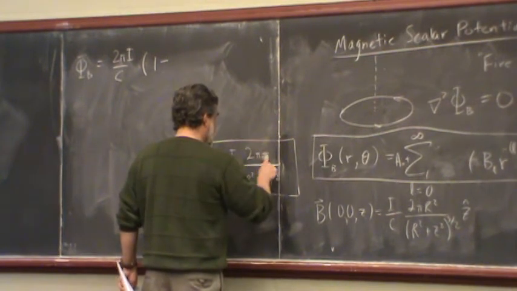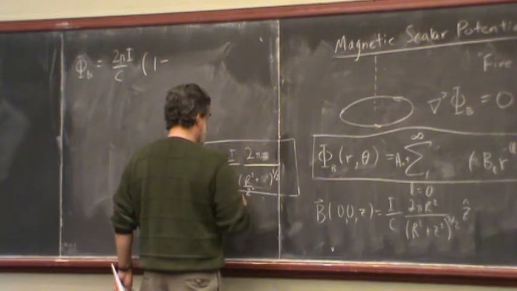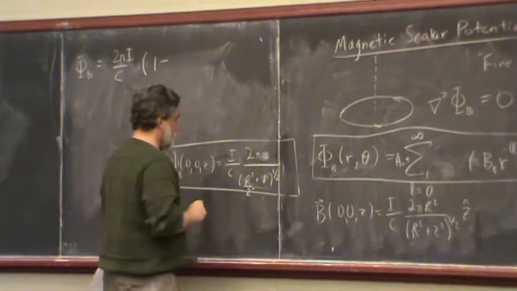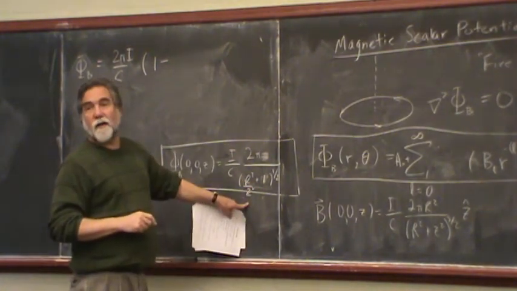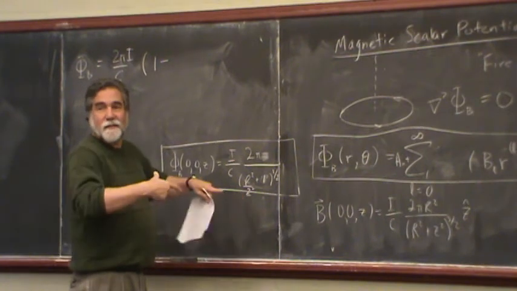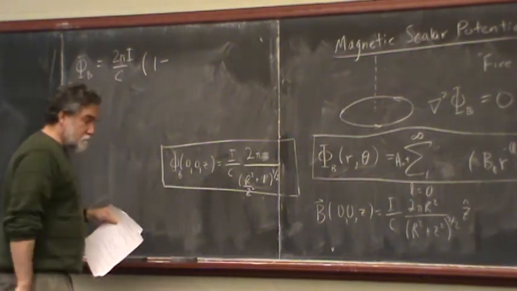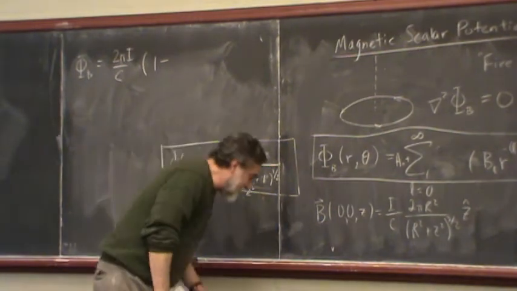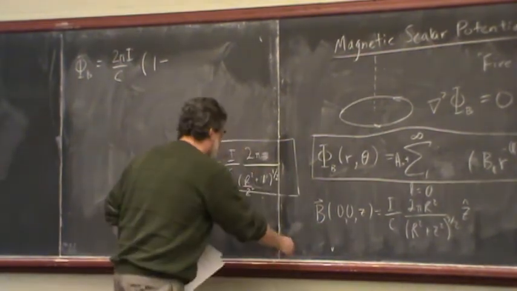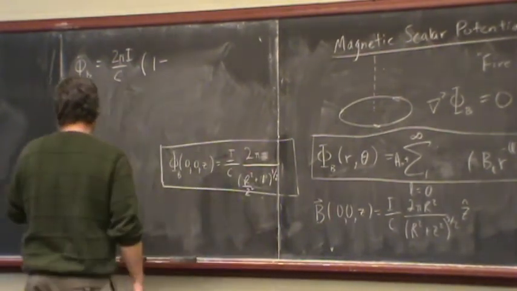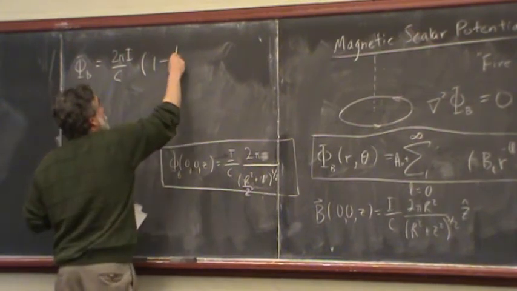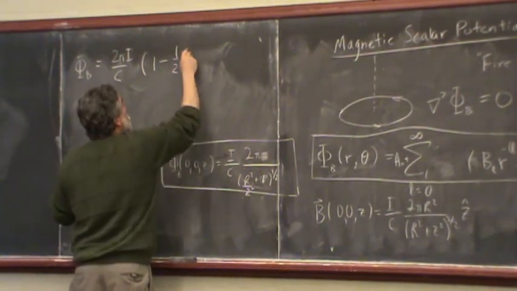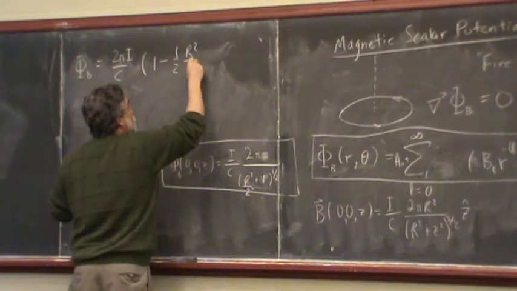Z squared, that goes away. 1, this quantity is small quantity, right? The radius of the ring is small. If I want to make an expansion, all right? So now that I've done that, I can write that as 1 minus 1/2 r squared over z squared.